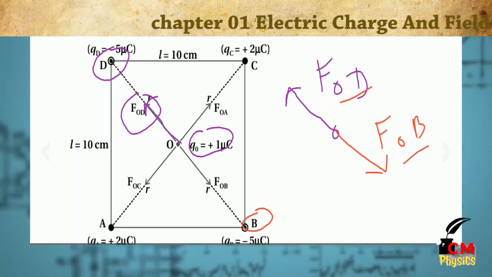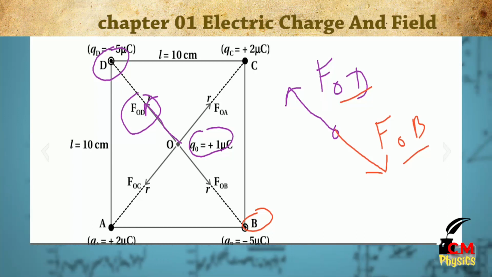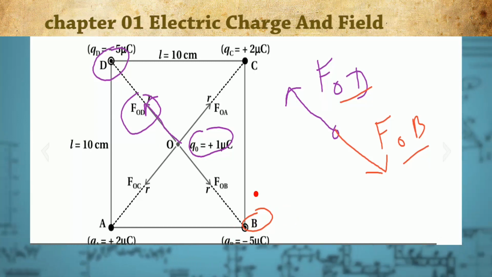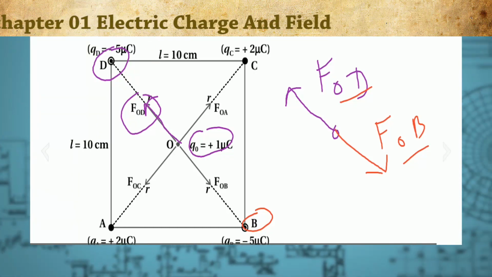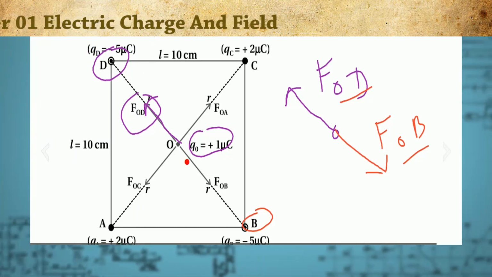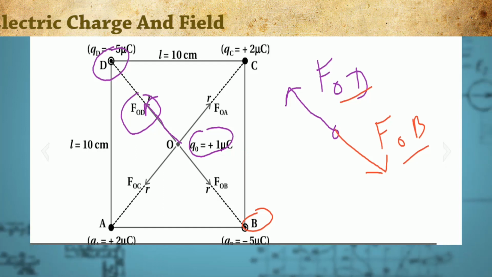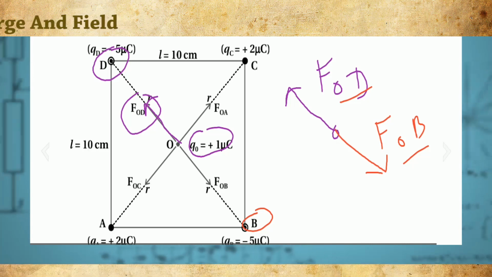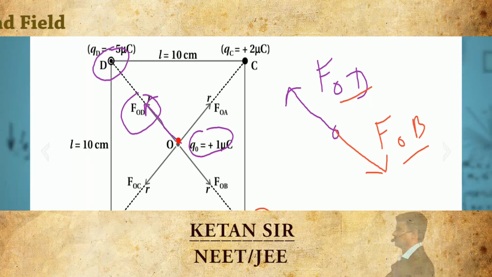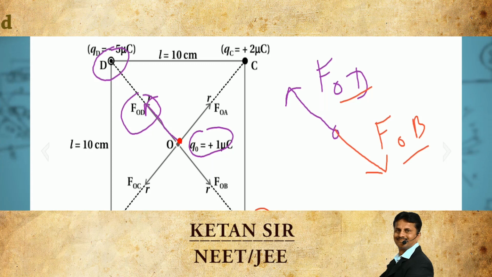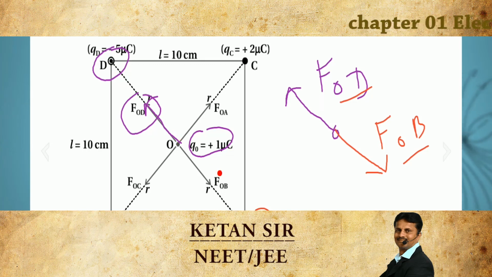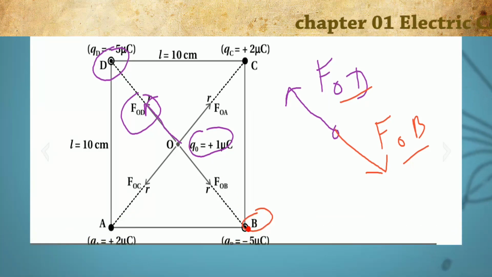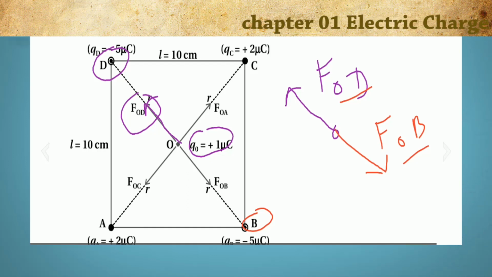Both are equal in magnitude because B has a value minus 5 μC and D also has a value minus 5 μC, and the charge at O is common for both, so both Q1 into Q2 have the same value. The distance between them is also the same because O is the midpoint. This distance is equal to this distance, because the diagonals of a square intersect each other. Therefore, OD is equal to OB. The distance is the same, the charge is the same.